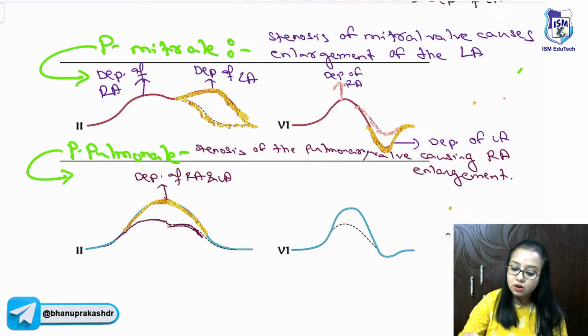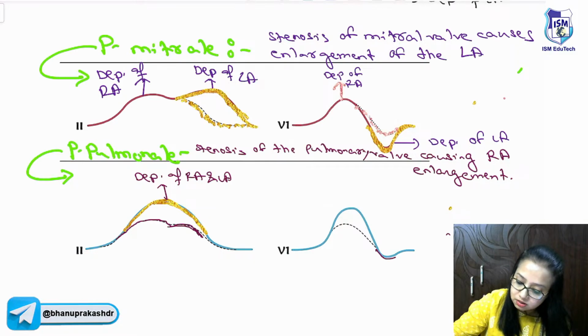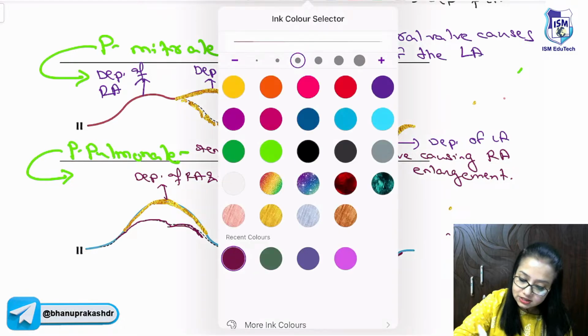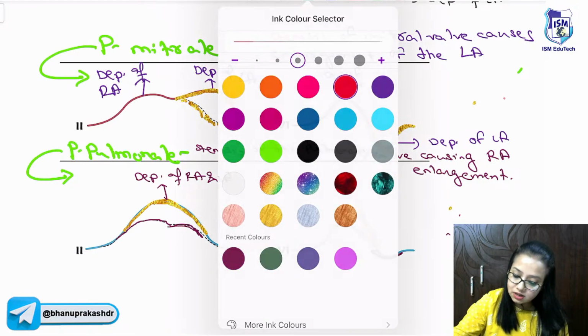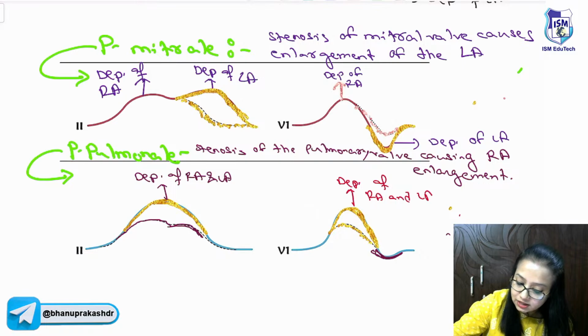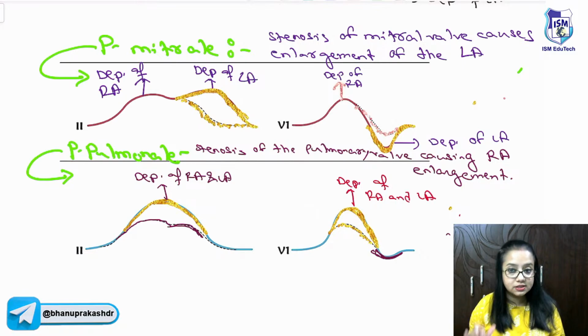The summing up of this P wave happens, and it is not at all biphasic. So here you see the hump is taller, the P wave becomes taller. It should be like this, but it becomes taller, and there is a single P wave, not double. So this is the depolarization of the right and the left atrium on lead 6.